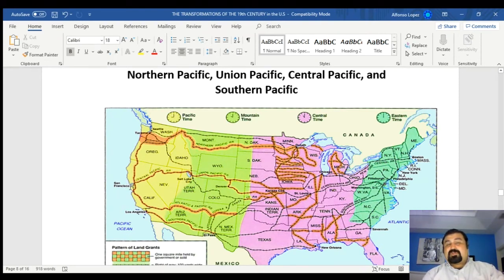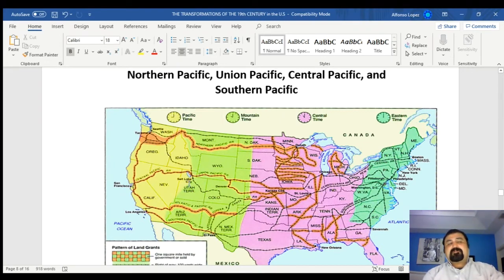The Central Pacific is going to start building the railroad from the West Coast, present-day San Francisco, by moving east. And the Union Pacific is going to build a railroad from what today is called Kansas, for example, and Missouri, to move slowly but surely to the west. And the idea is that both companies in due time are going to join their lines in a meeting point, which they did.